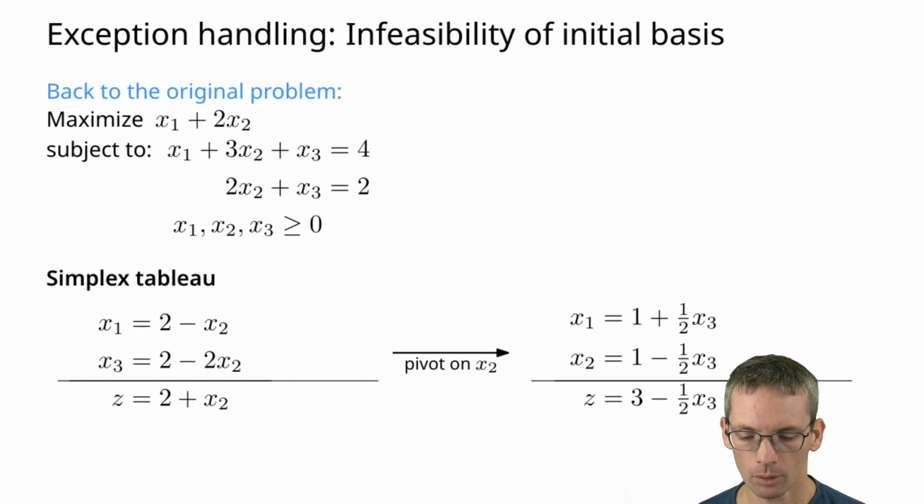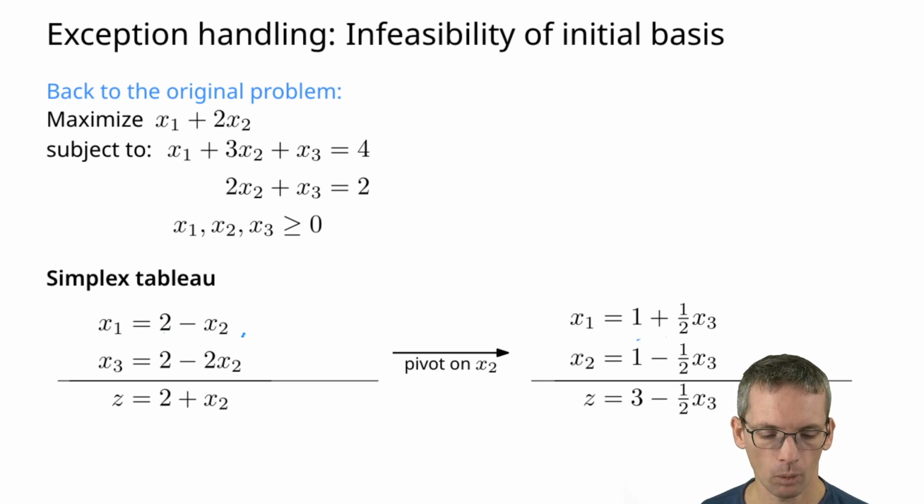x1 was 2 minus x2. Instead, if we now plug in what we get here for x2, then we get instead 1 plus 1 half x3. Likewise, x2, that's more easily seen. x2, if I bring it here, is 2 divided by 2, 1, and then minus 1 half x3.